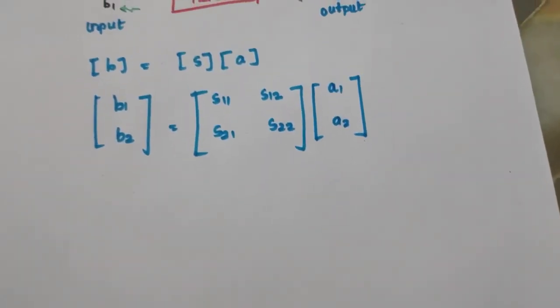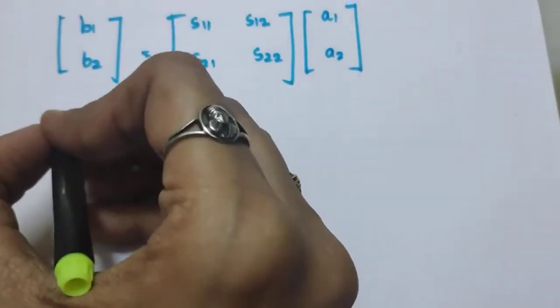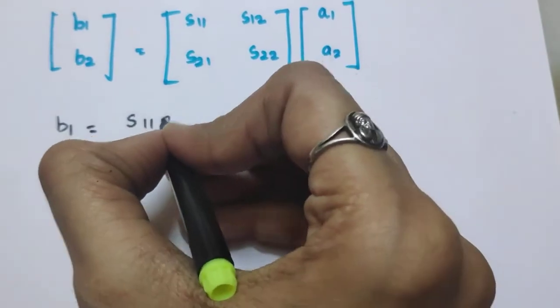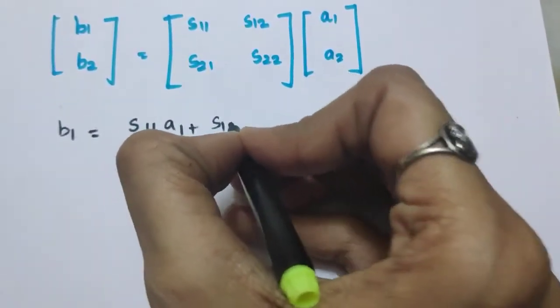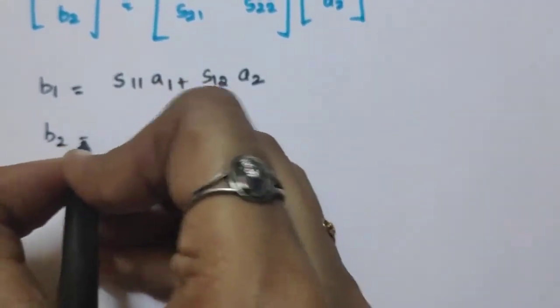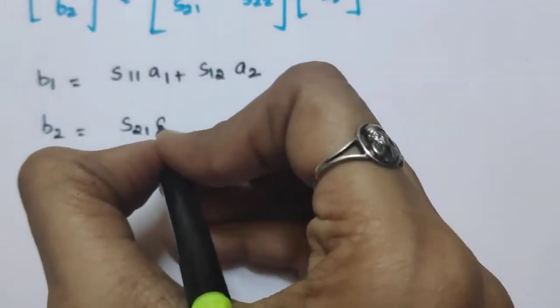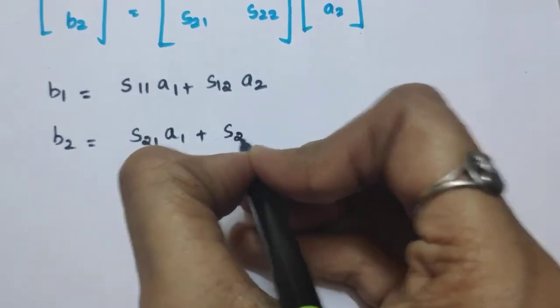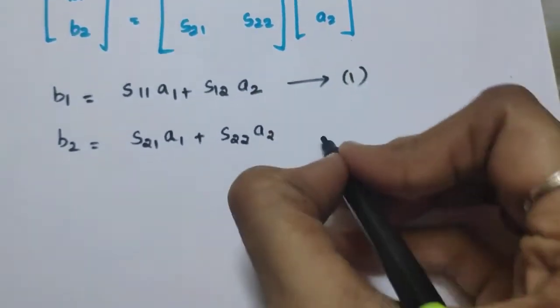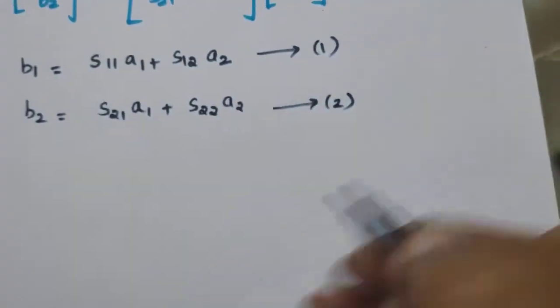Now we'll write this in the form of an equation. So B1 is equal to S11 into A1 plus S12 into A2, and B2 is equal to S21 into A1 plus S22 into A2. Let this be equation number 1 and let this be equation number 2.